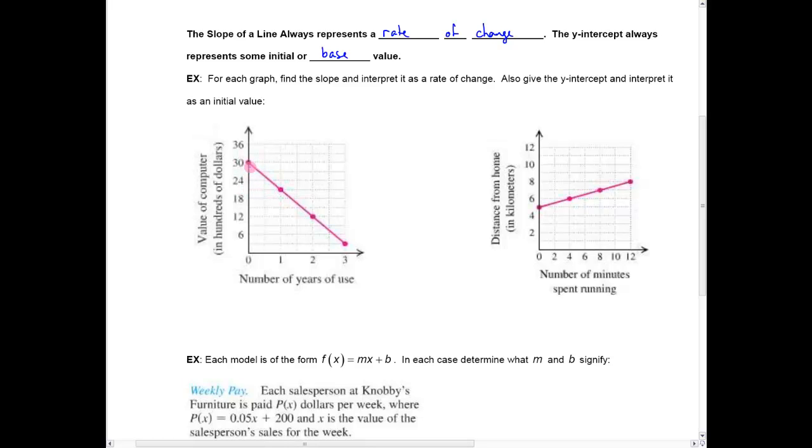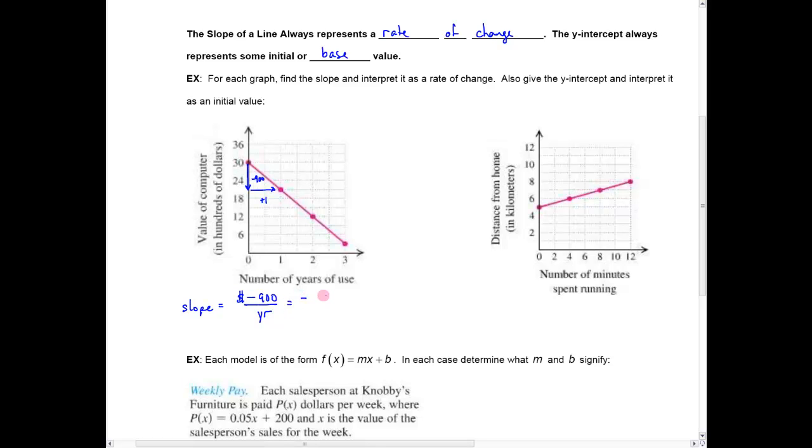So this would be a rise of negative 900 and then a run of 1 year. So in that case my slope, thinking about the units here, is negative $900 per year, and that would be my rate there, right?